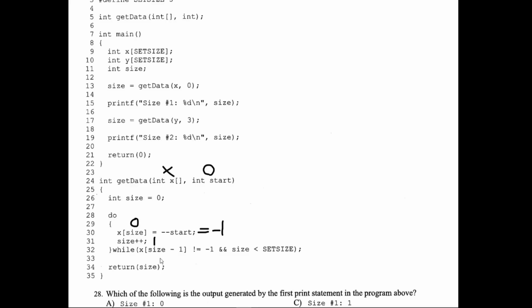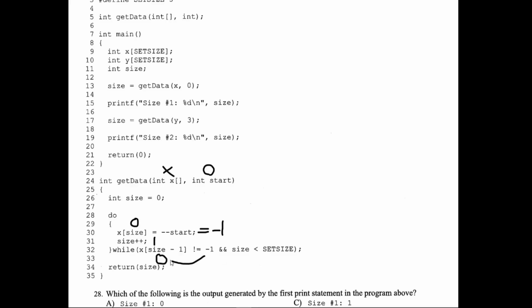Then it's going to check, does size minus 1, so in this case size is 1, so 0, is it not equal to -1? In this case it is equal to -1, so this whole statement results in false. It's also checking if size is less than the size of the array, essentially whether you are within the bounds of the array.